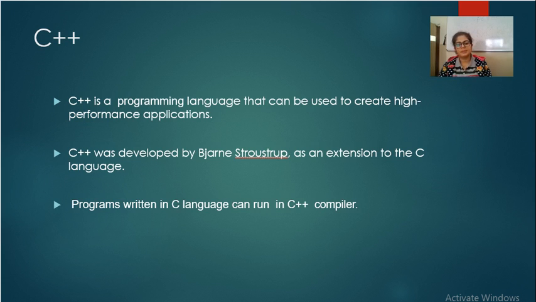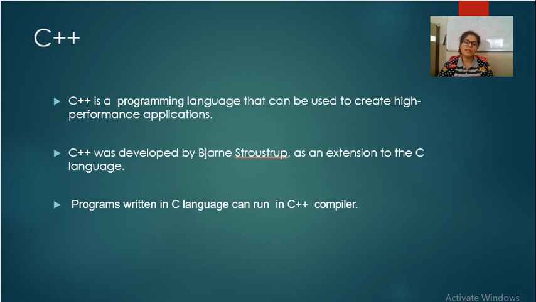C++ was developed by Bjarne Stroustrup, and C++ is an extension of the C language. Students, before C++, the C language was developed. How and why is it an extension of C? Because earlier the C language was developed, but programmers or users wanted some more things in a specific language.